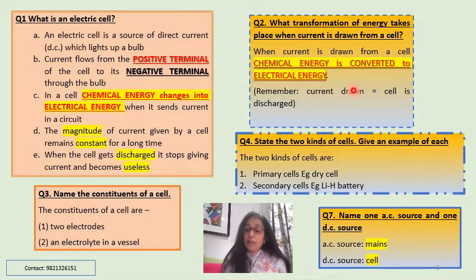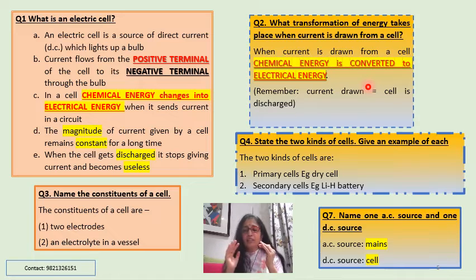Then chemical energy is converted into electrical energy. Remember, current drawn means cell discharged. When the cell is charged, you're plugging it in, and electricity becomes chemical. This question asks what transformation of energy takes place when current is drawn from a cell, taking it out in a circuit. Then it is chemical energy getting converted to electrical energy.